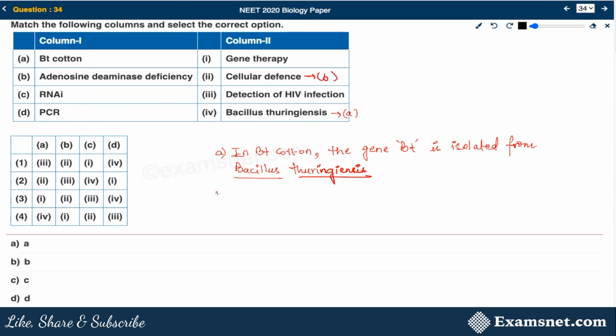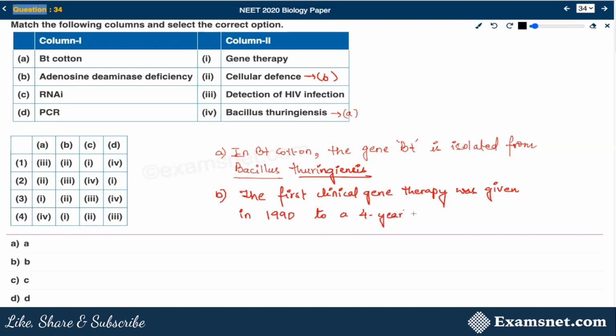So we can just write that the first clinical gene therapy was given in 1990 to a 4-year-old girl with ADA deficiency, which is adenosine deaminase deficiency, and this is primarily related with cellular defense.